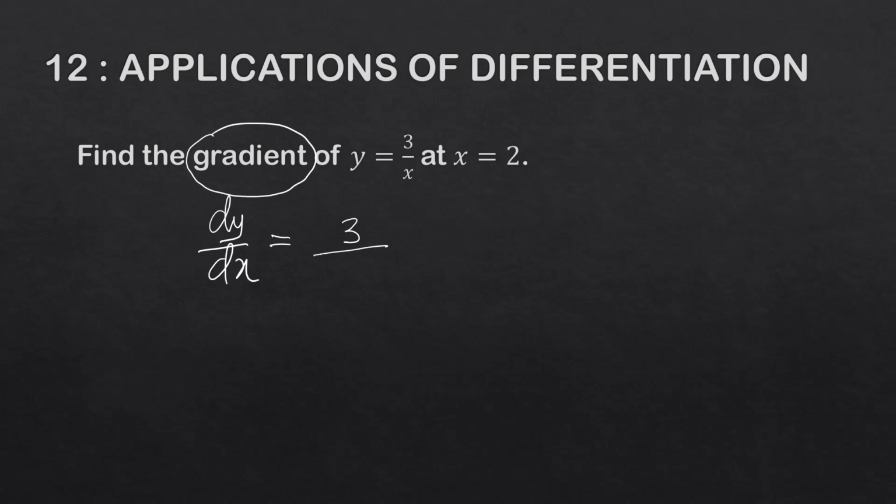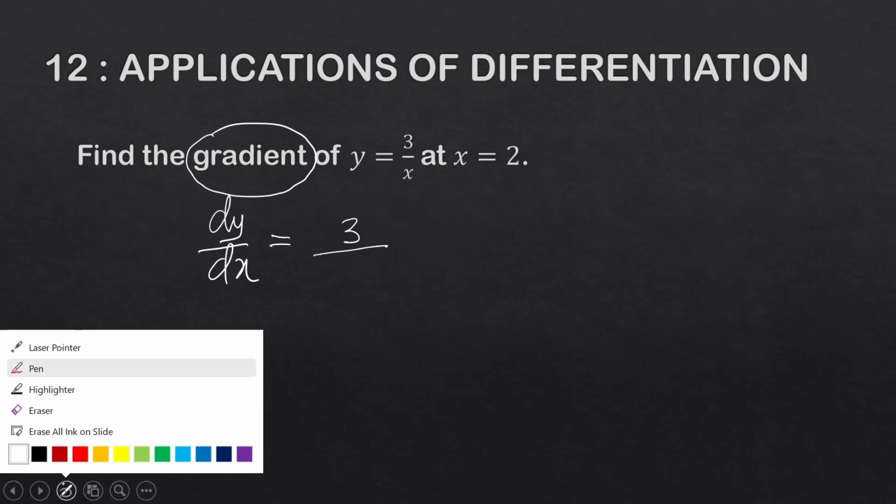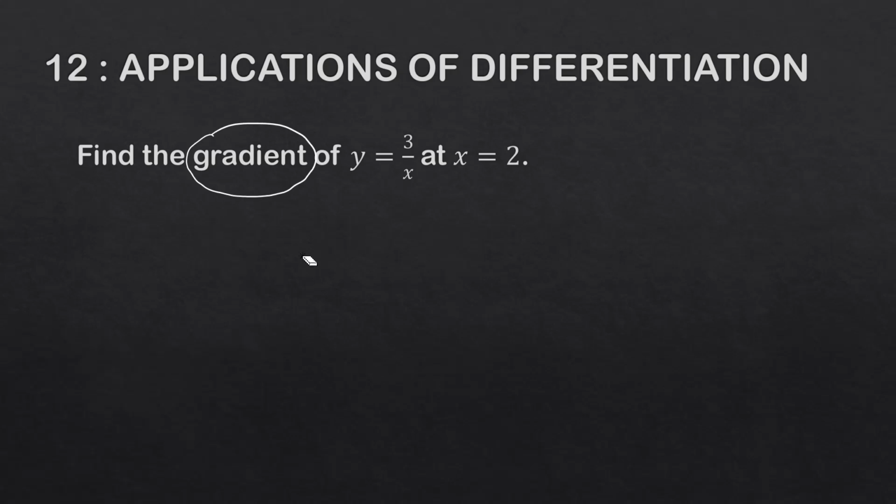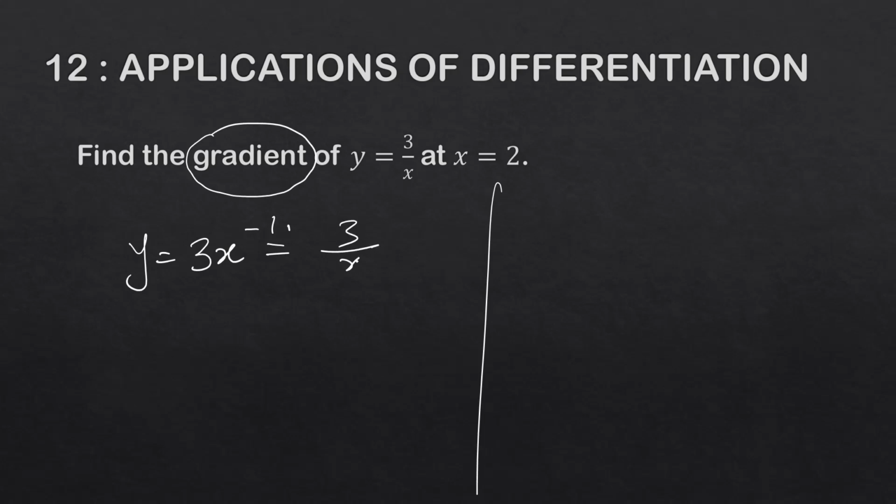How am I going to do this? Wait, I'll handle it. Let me show you what to do. I don't want to follow this approach so that at least I can teach others. So this is going to be 3x raised to the power minus 1. Do you understand that? It's the same thing as saying 3 divided by x.